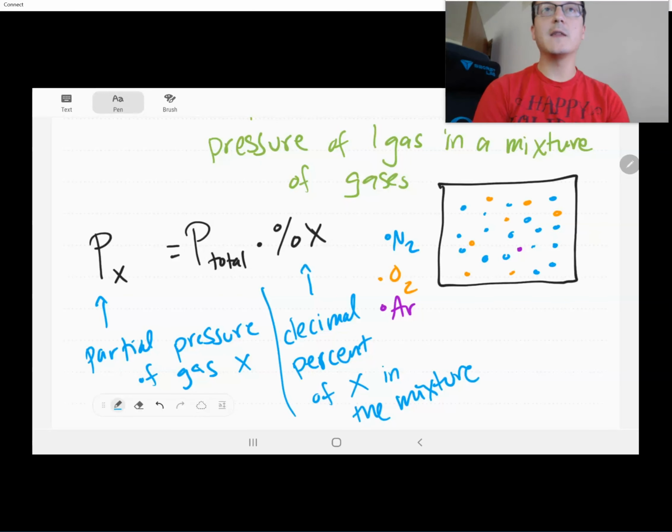Put a little bracket there. Okay, so it's the percentage, but in decimal form. So instead of 78%, we used 0.78 for that one.